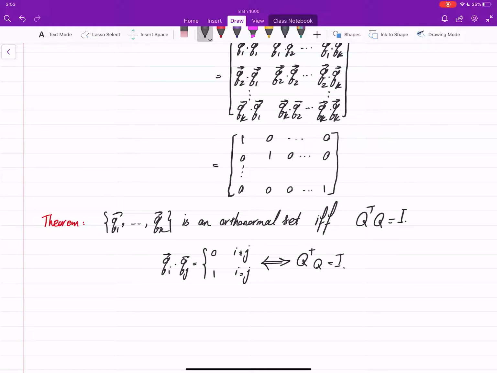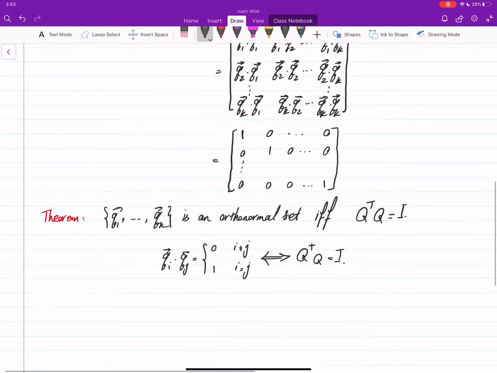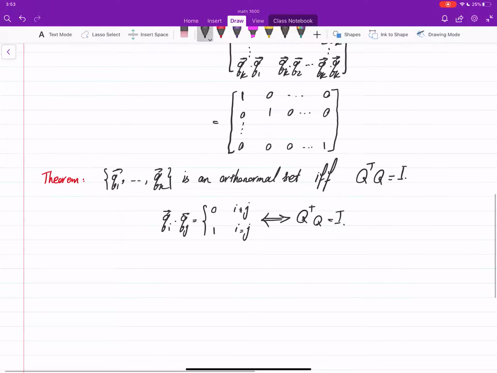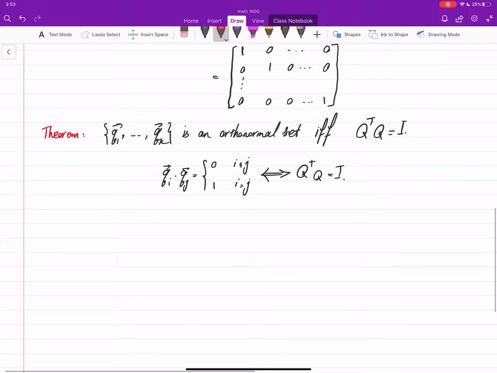So matrices that have that kind of property are what we are interested in. This is the definition. An n by n matrix, so we are just restricting ourselves to square matrices.